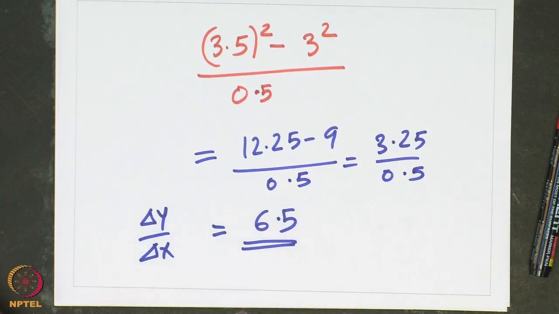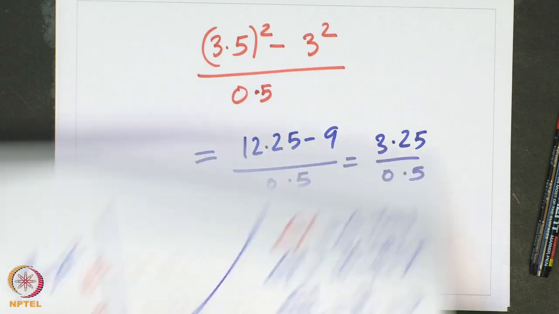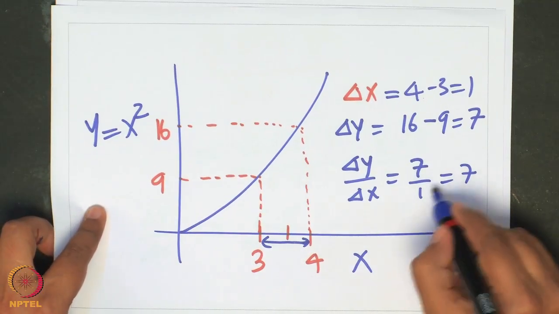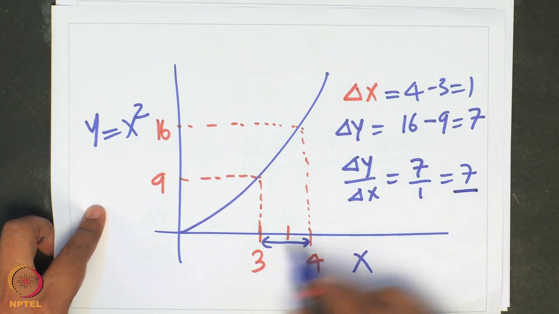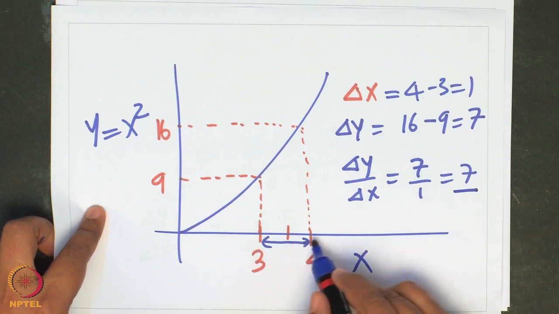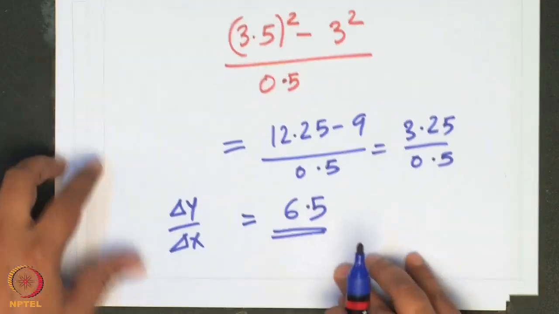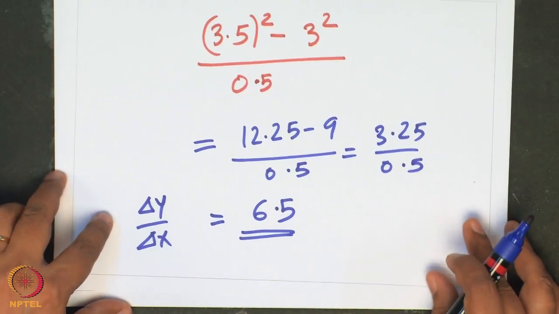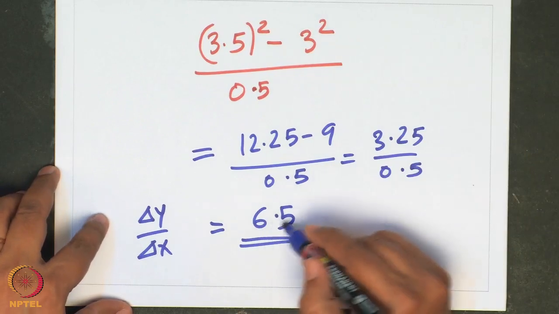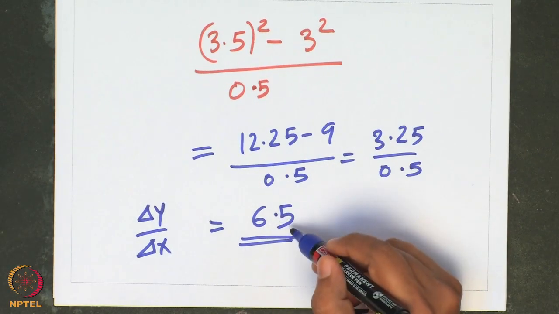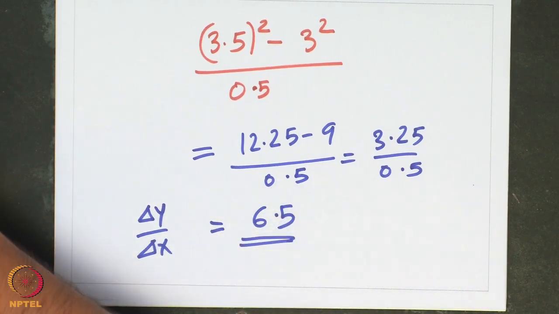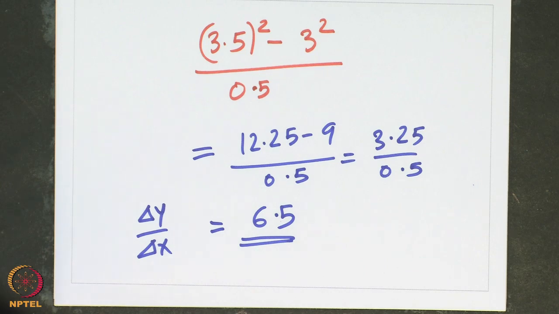Remember, when we had done between 3 and 4, we had got the answer as 7. When we did between 3 and 3.5, the answer is 6.5. So the answer changed if I change the interval.